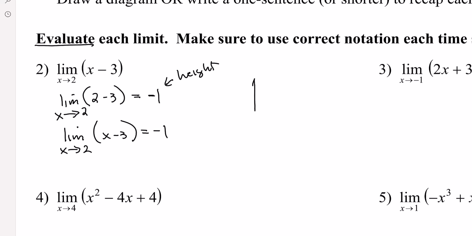Now, graphically, let me show you what that means. This is y equals 1x minus 3. We go up 1 over 1, up 1 over 1, so the slope looks like this. Oh, look at that.